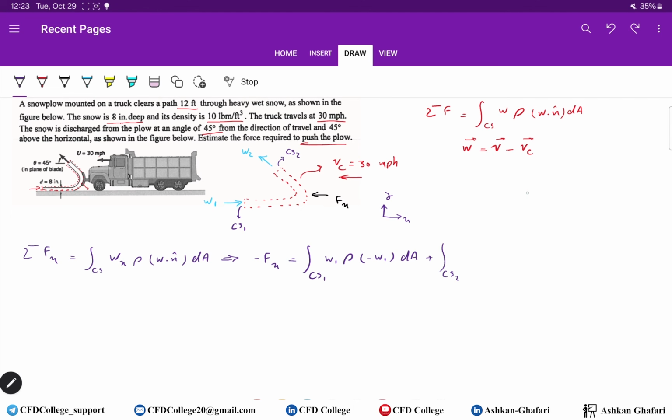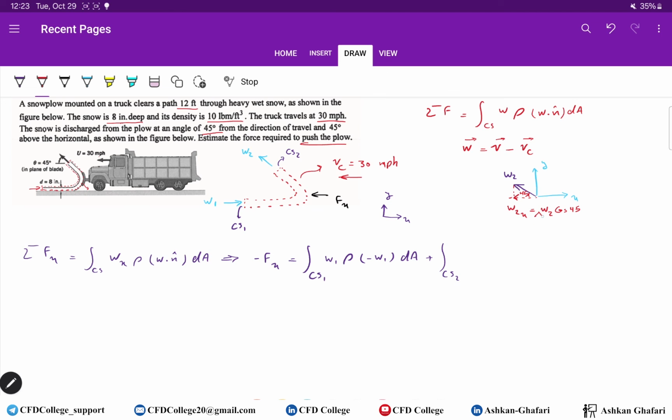I'm sorry, I'm a terrible drawer. This is W2, this is X and Y direction, and you have to find the component of velocity W2x, which is, this is 45 degrees, W2 cosine of 45.